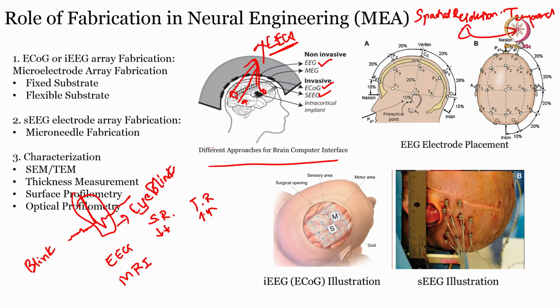Again, when I say millisecond, it depends on the sampling rate of your acquisition system. If your sampling rate is much higher, you will get a very quick response as soon as a person blinks, and you will be able to see the blink pattern there. Okay. So, EEG has excellent temporal resolution, but very low spatial resolution.